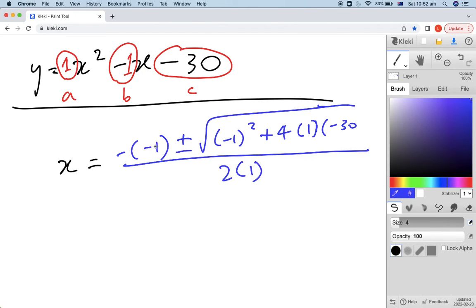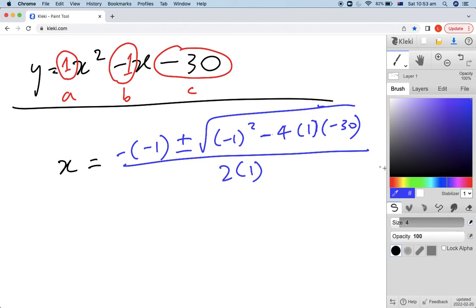So yeah, minus b plus minus the root of b squared minus 4ac, all divided by 2a. Make sure you have a minus here.